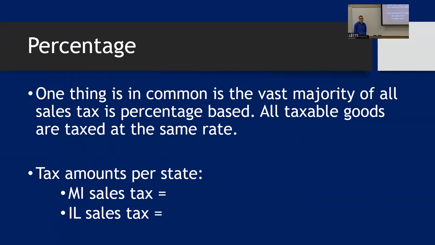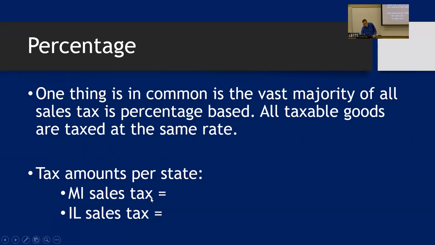Which means it's a percentage. And we're going to assume that all the taxable goods that we're going to look at are taxed at the same rate. I'm just going to say taxable goods. We're not going to apply any special rates to any other things.